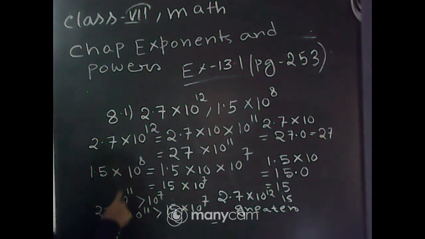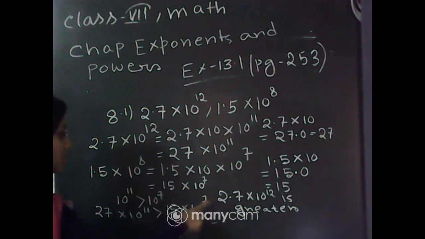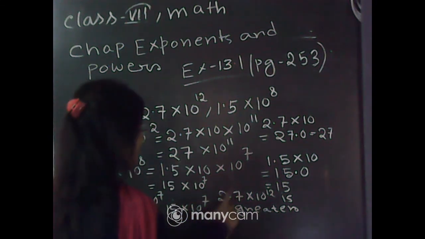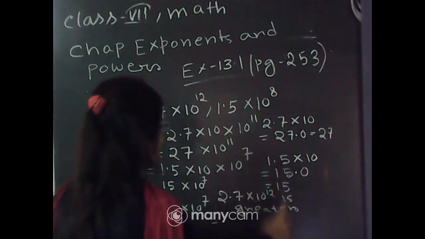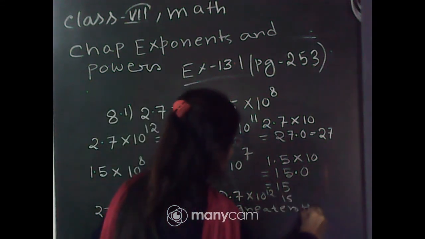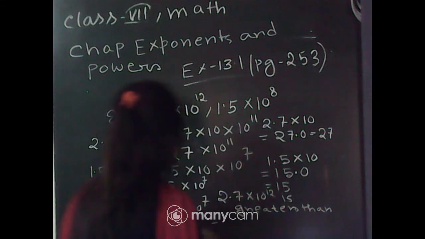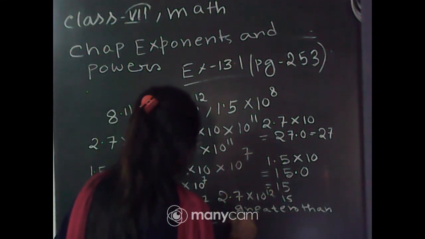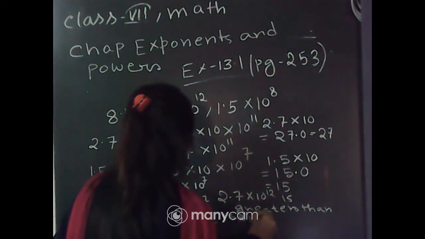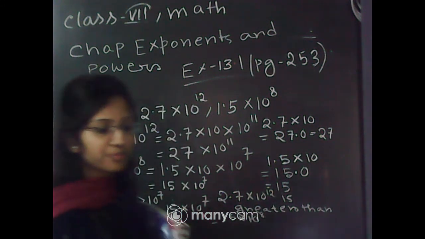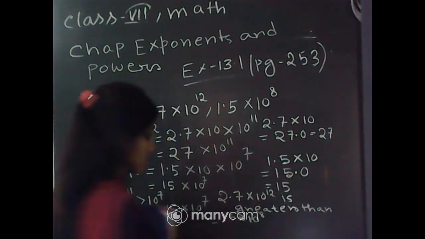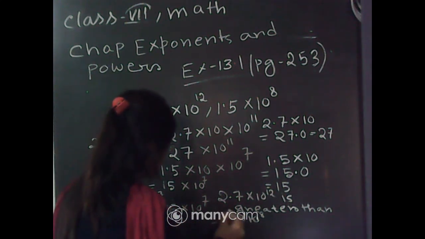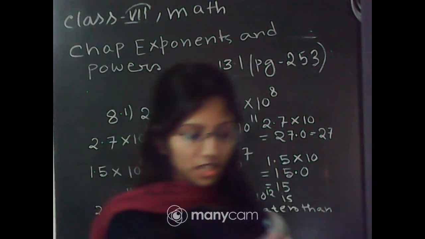So obviously it is greater than, and therefore 27 into 10 to the power 11 is greater than 15 into 10 to the power 7, that is 2.7 into 10 to the power 12 is greater than 1.5 into 10 to the power 8. Clear? Up to this portion, any problem?